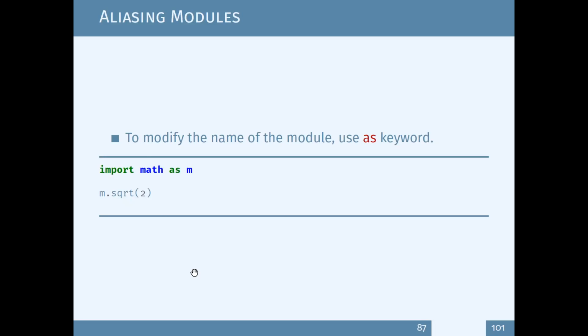So for example, in this particular example, what you see is import math as m, and then m dot square root. That means from this point onwards, we can refer to the math module as m. This is actually a common usage. So remember that this is one way of accessing it.